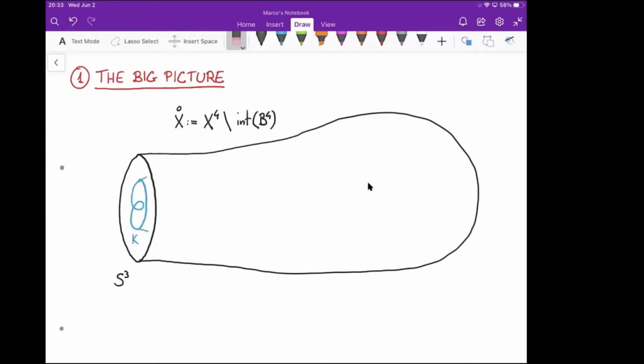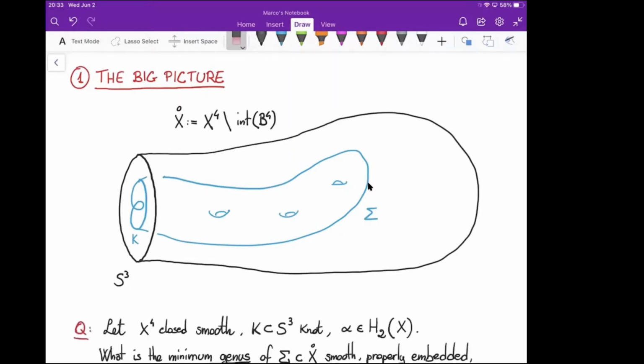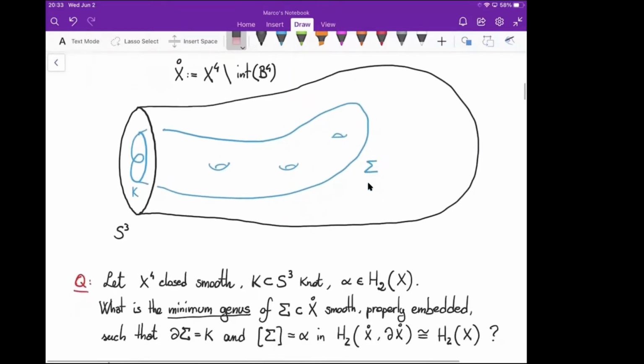And then let's consider a knot K in the boundary of the four-manifold, which is S3. Then I want to study all possible surfaces that can be embedded in X circle. And the question that we want to answer is the question of the minimal genus.